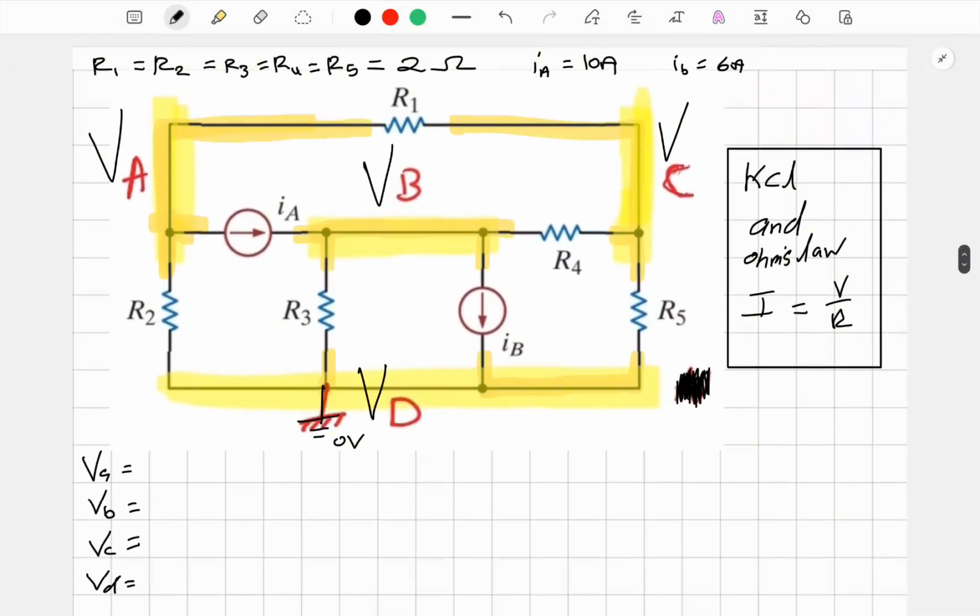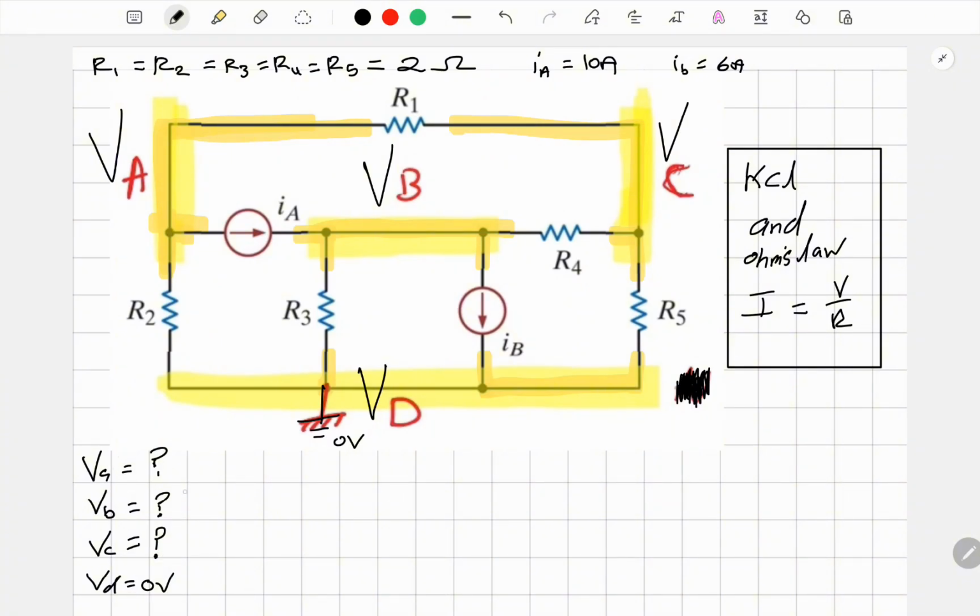So our next step is to identify our knowns and unknowns. So what do we know? We know that VD is 0 volts. And we're not given any information about VA, VB, or VC, but we can write nodal equations. So I'm going to be writing question marks for now because we don't know what these voltages are.